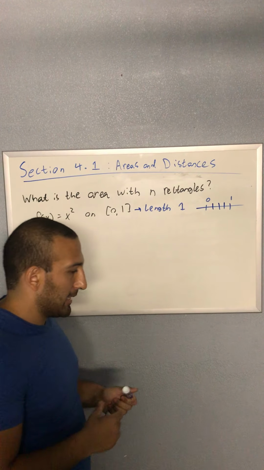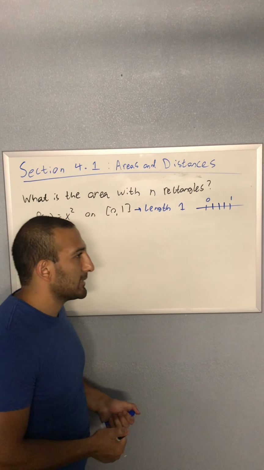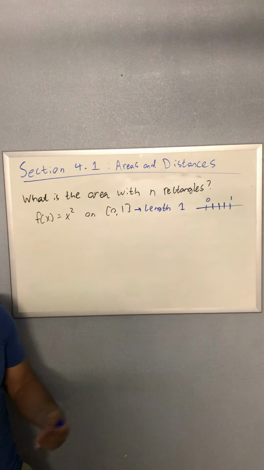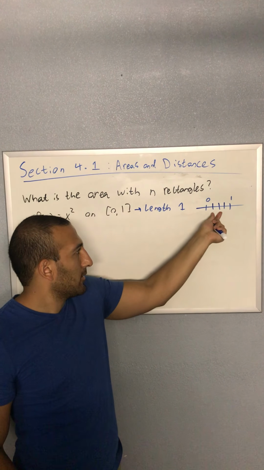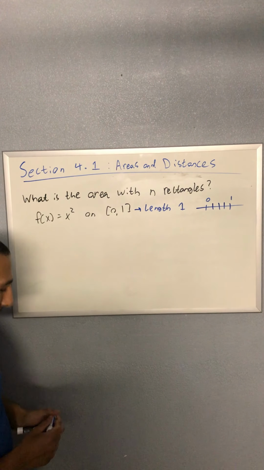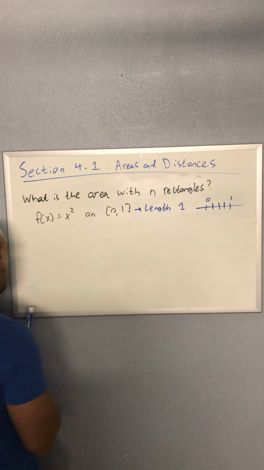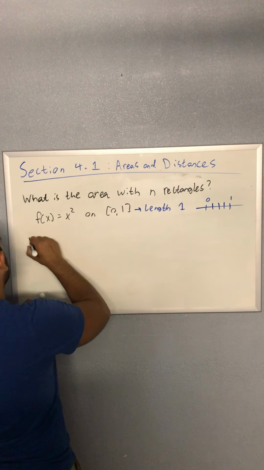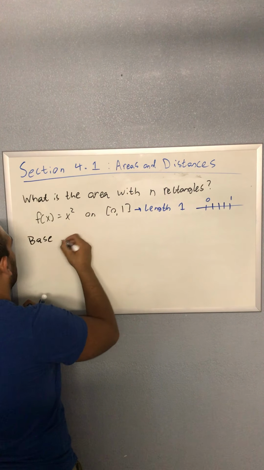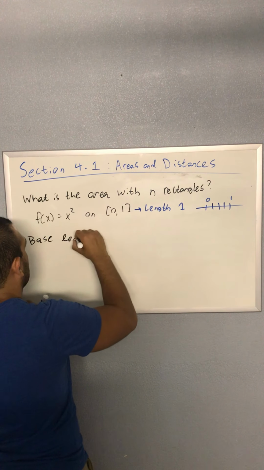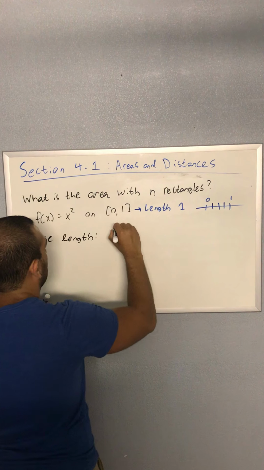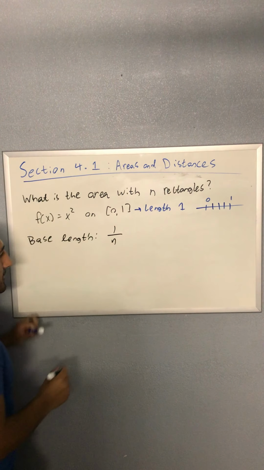But in general, if we chop it up into n pieces, how big will each piece be? The length of the base is going to be 1 divided by n.